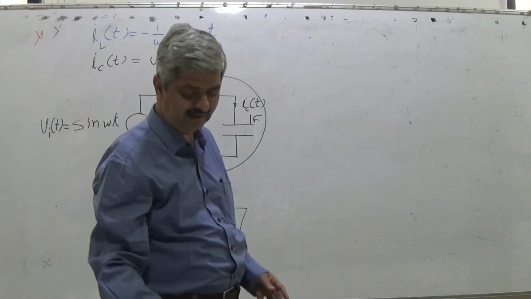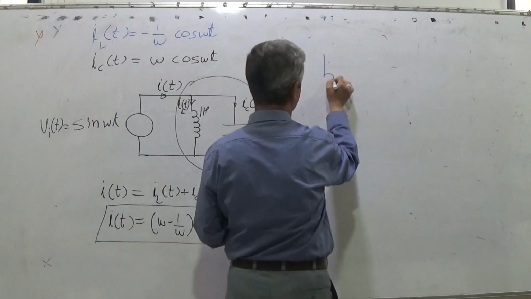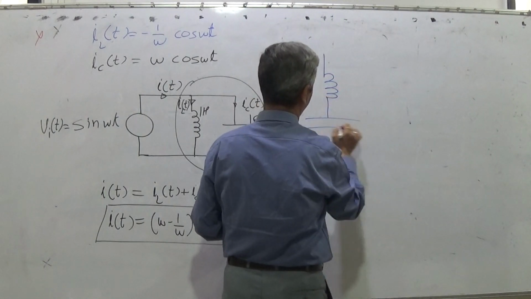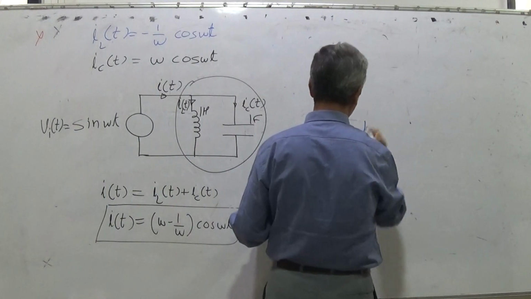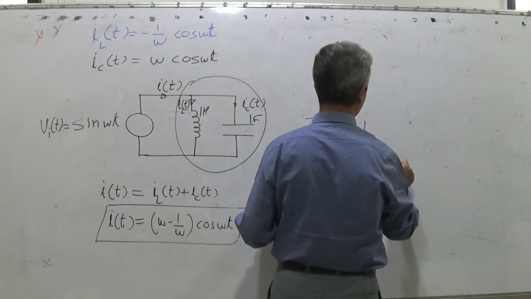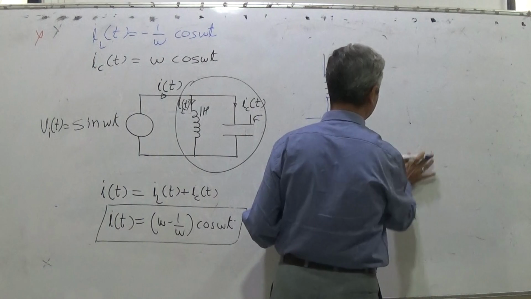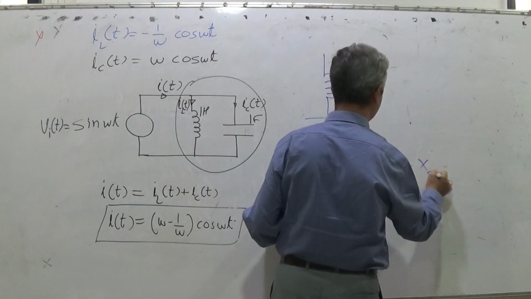Now, what about the LC series circuit? Same as last time we consider, again L and C both 1. So their net impedance Z is XL plus XC.